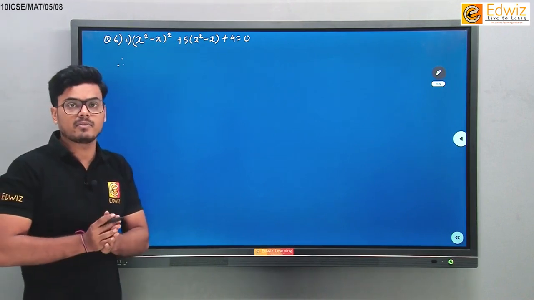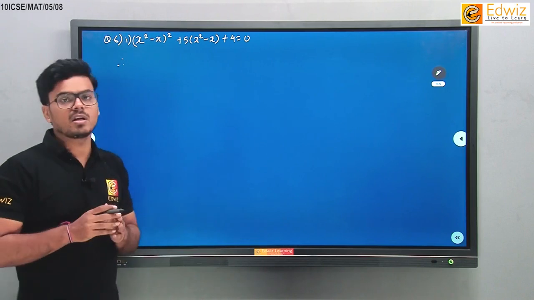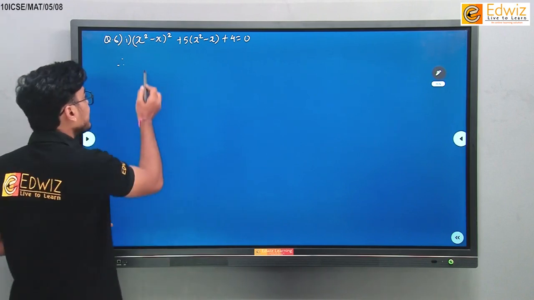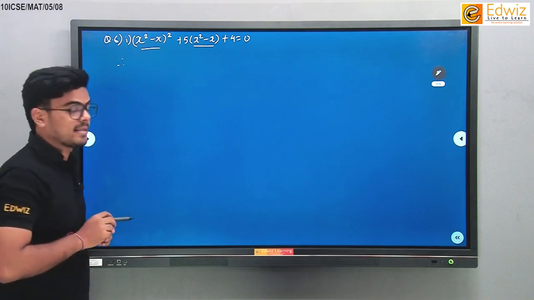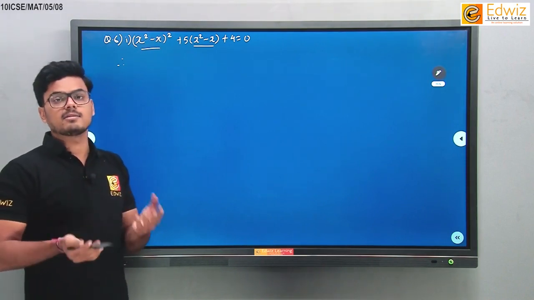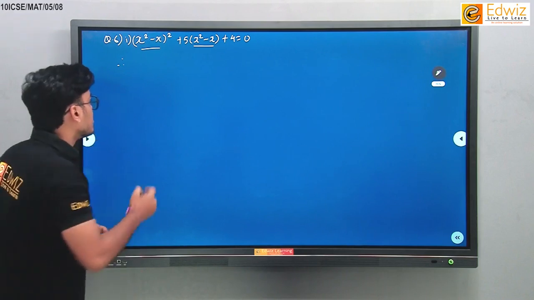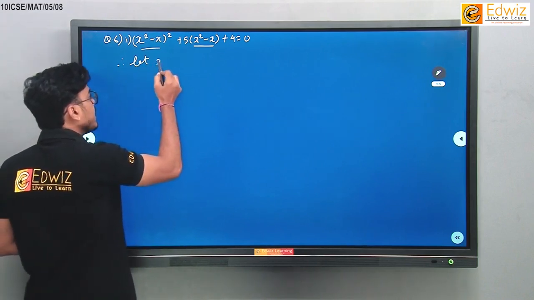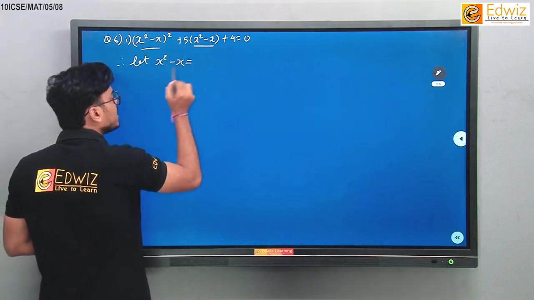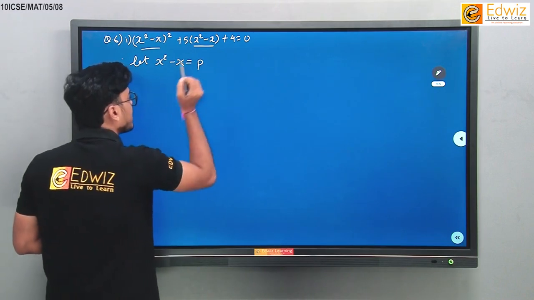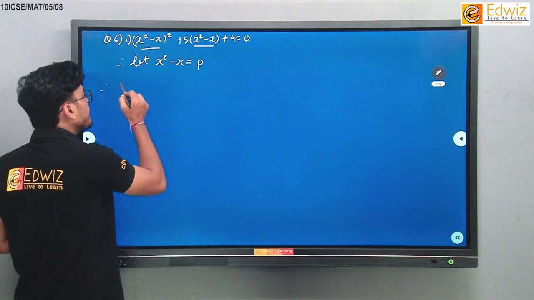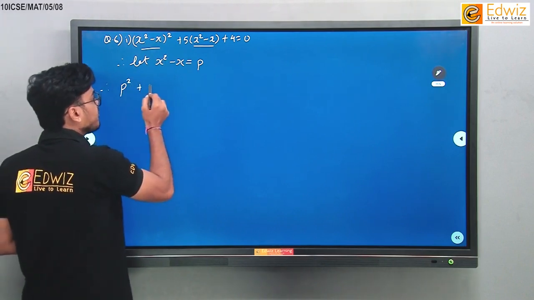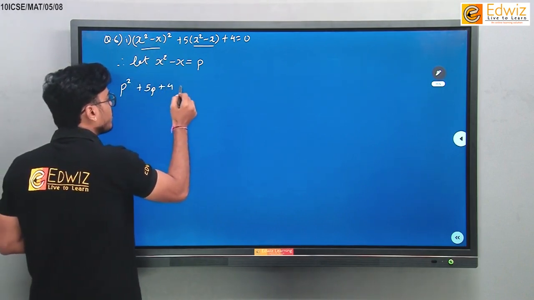It's not a quadratic equation, but we can easily convert it into a quadratic equation because this part, x square minus x, is common in both terms. This I can assume as some other variable. So let x square minus x equal to some other variable. Let's take p once again. So this will be p square plus 5p plus 4 equal to 0.